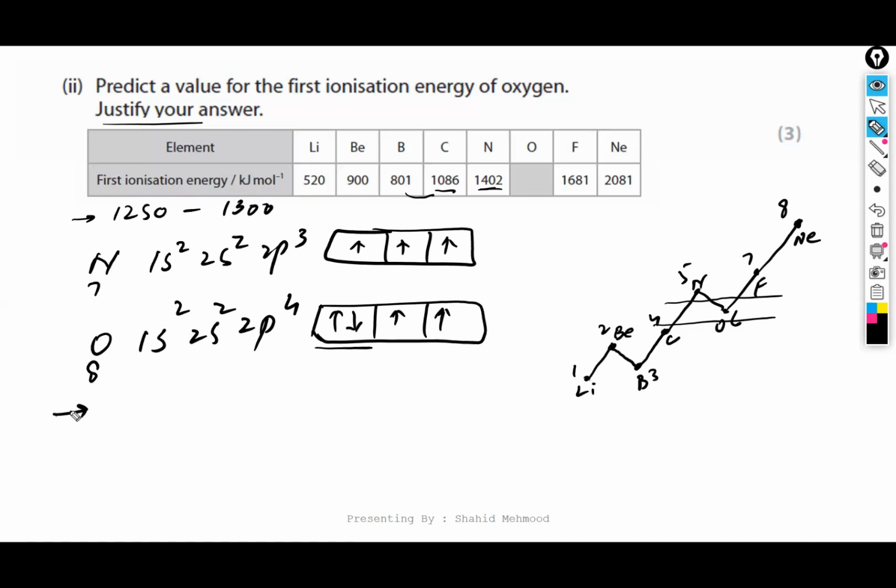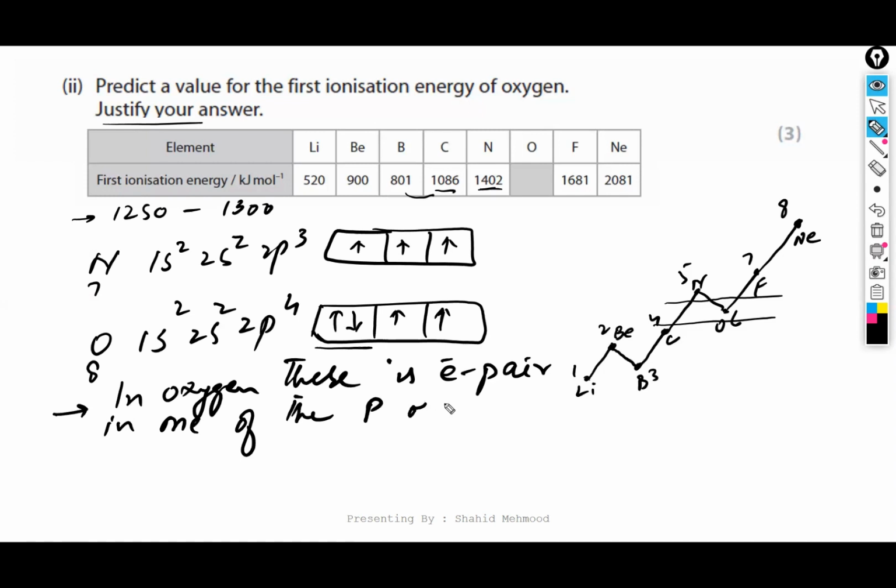So you can write the statement either for oxygen or for nitrogen. Both will be accepted. You can say in oxygen, there is an electron pair in one of the p orbitals.